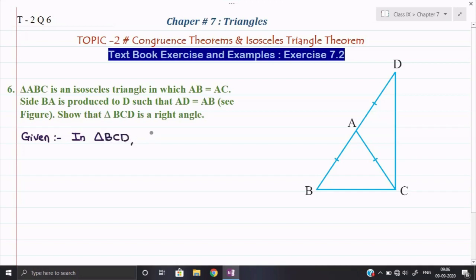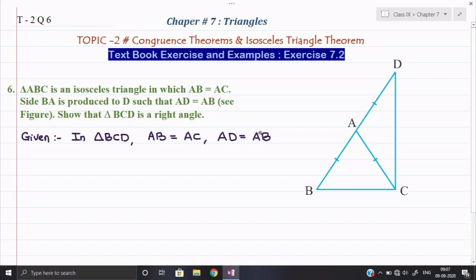In triangle BCD, one thing we have is side AB and side AC are equal. That is given to us. Second thing we have given here, AD is equal to AB. That is also given in the question. So two things are given in the question.